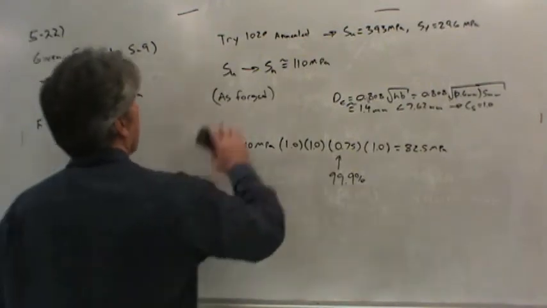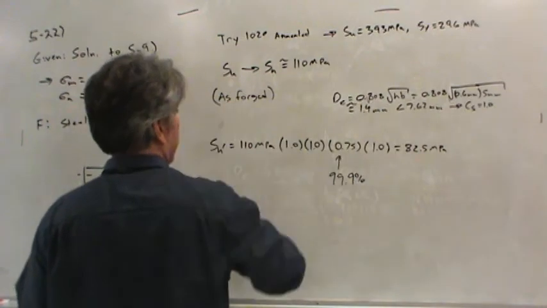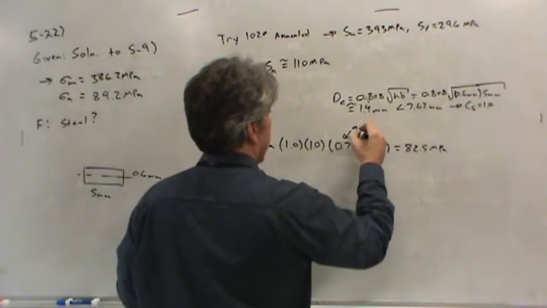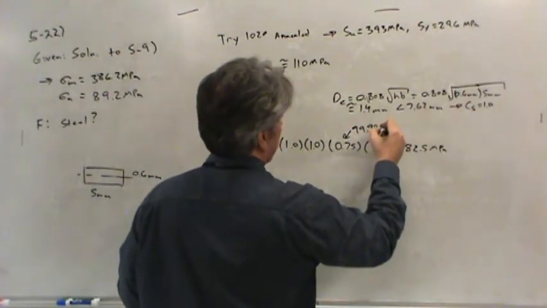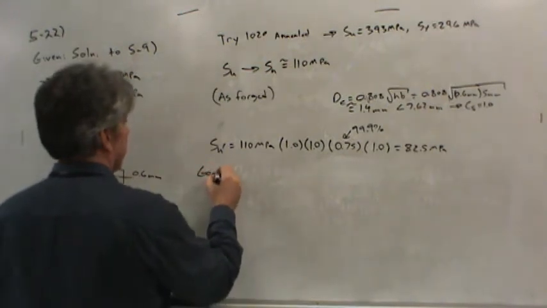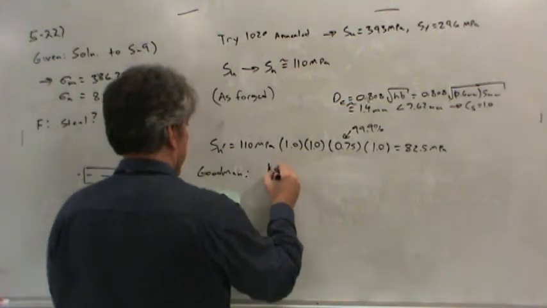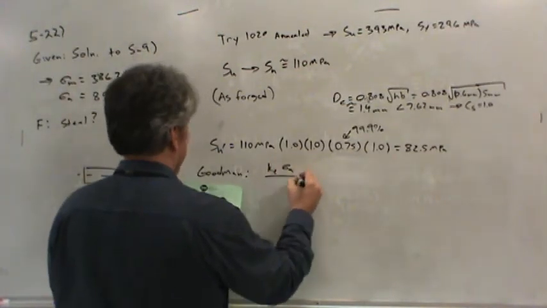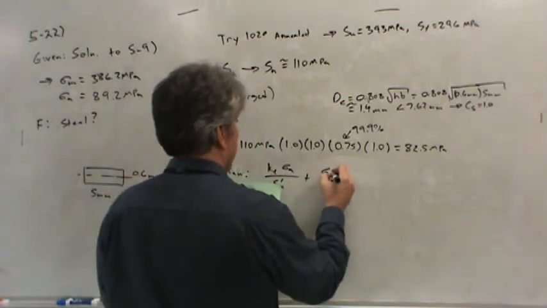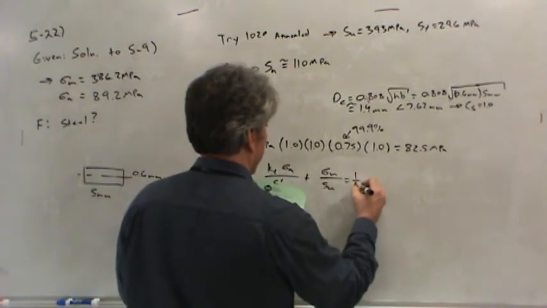All right, so 1020 annealed. I'll just keep working down here. I'll just get rid of this part. This was 99.9% reliable. Okay, so let's use the Goodman criterion. It says that the stress concentration factor times the magnitude of the alternating stress over the actual endurance strength plus the average stress over the ultimate strength equals 1 over n.